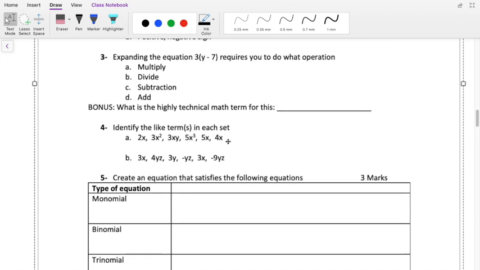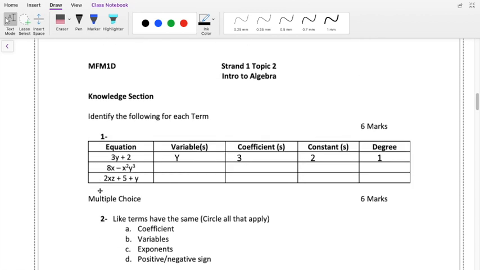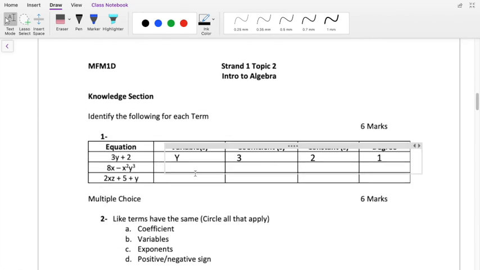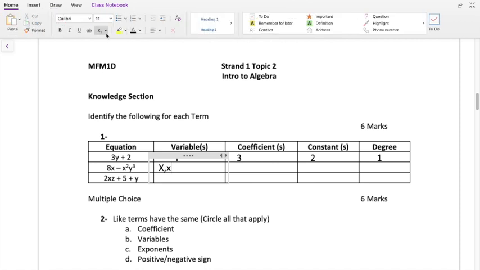And that is not what I wanted to do. So next, if we take a look at the next one, our variables are x, x to the power of 2, x to the power of 2 and y to the power of 3.